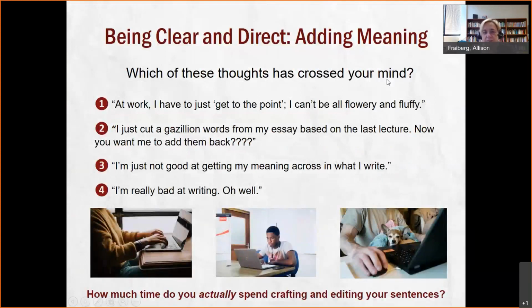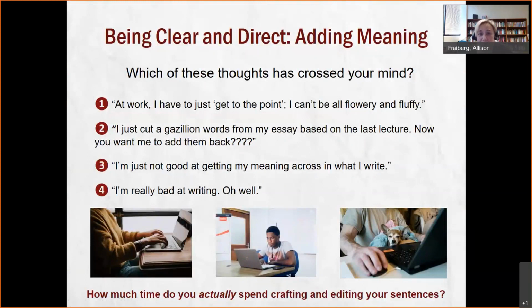So which of these thoughts have crossed your mind when you're trying to be clear and direct? Number 1, hey, at work, I have to just get to the point. I can't be all flowery and fluffy. Number 2, hey, I just cut a gazillion words from my essay based on the last lecture.